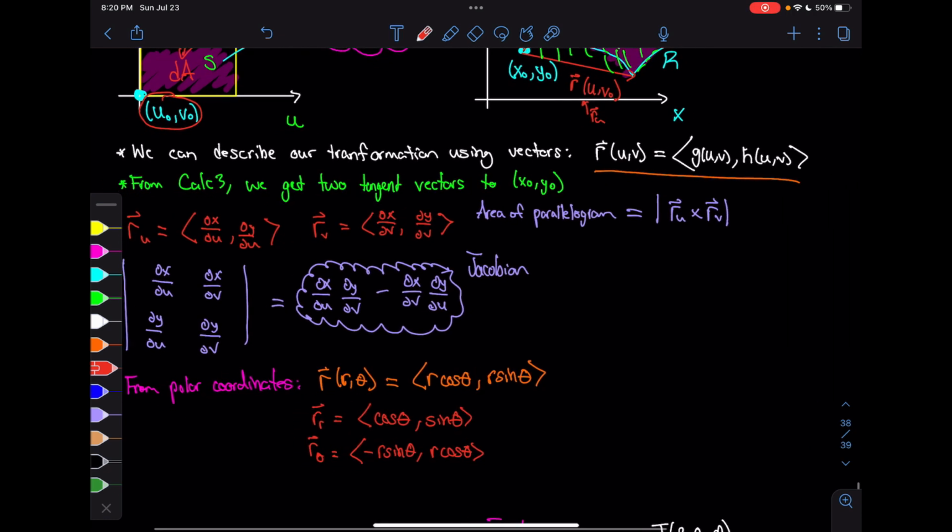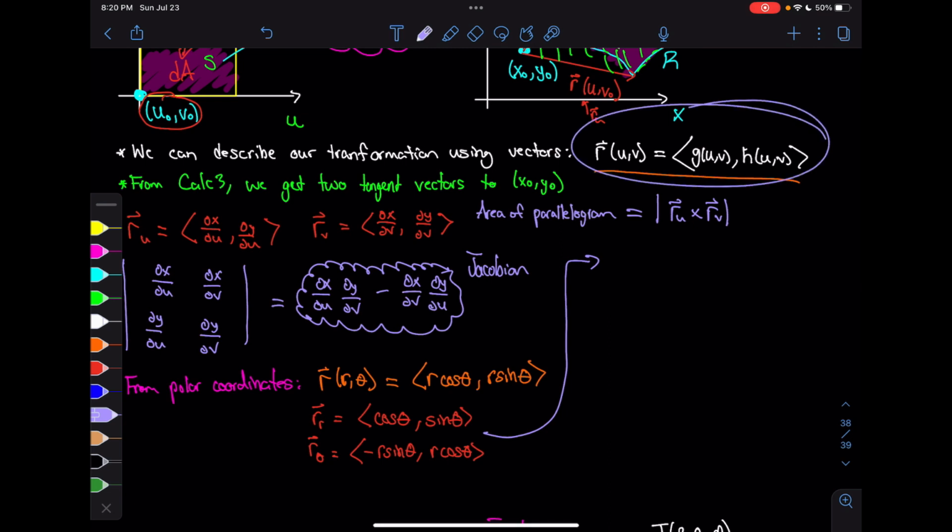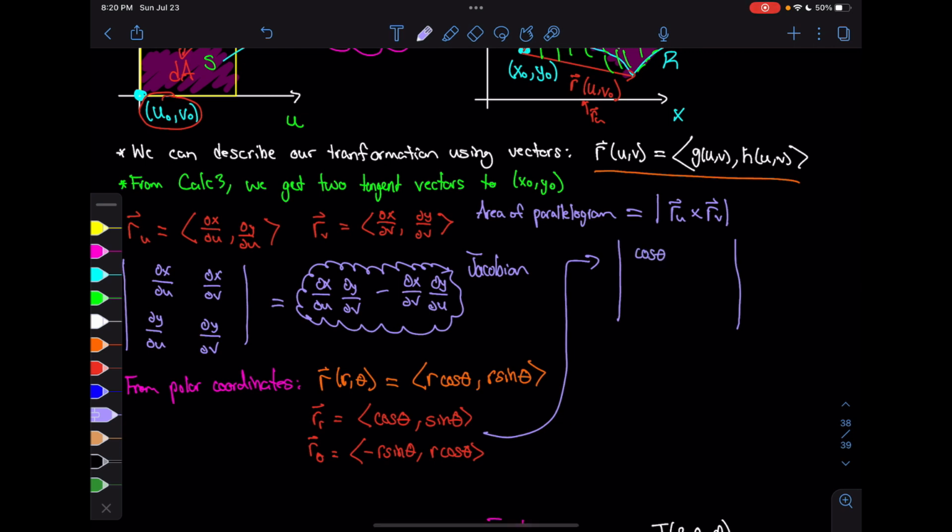And what happens when we put this into our little Jacobian formula that I just came up with? We took the very generic formula, the very generic form of what a transformation looks like in general. Let's see what the Jacobian comes out to be. If we put in these partials, we take the magnitude of the cross product of these. We're going to put in cosine theta here, sine theta here, negative r sine theta here and an r cosine theta here.